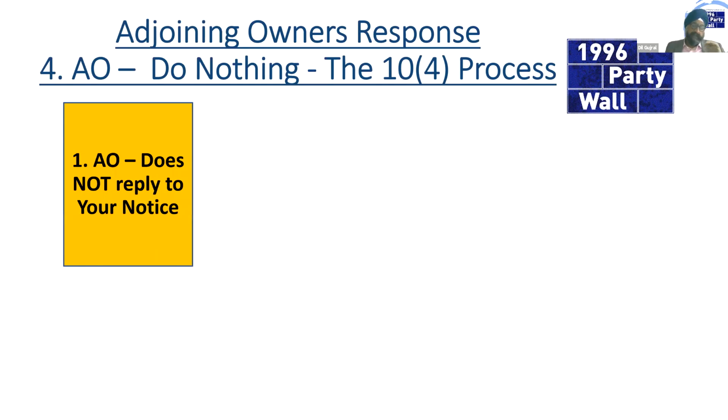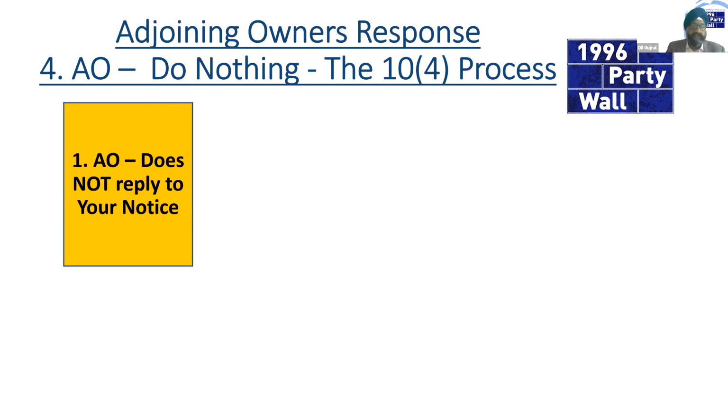Now, the fourth thing that could happen, and happens quite often actually, is the adjoining owner makes no response. This could be for a number of reasons, with councils a prime example, though not exclusively. It's owned by corporate owners.